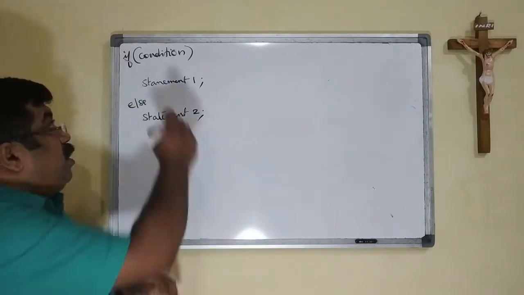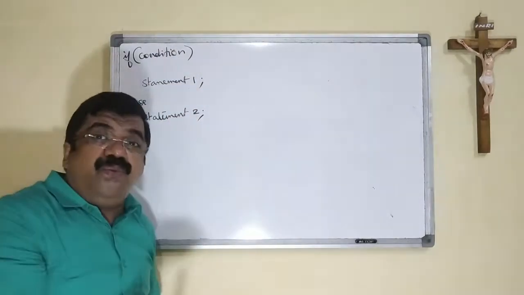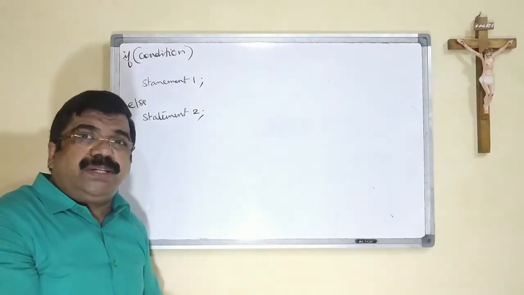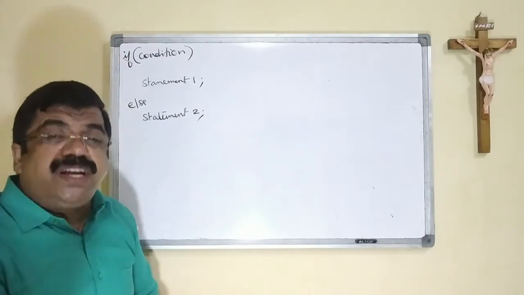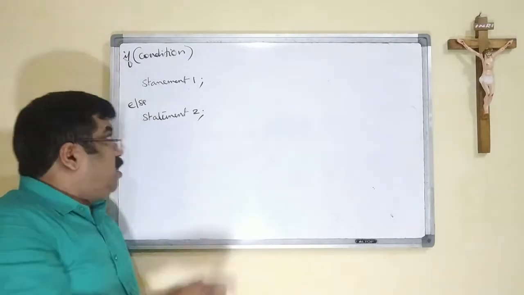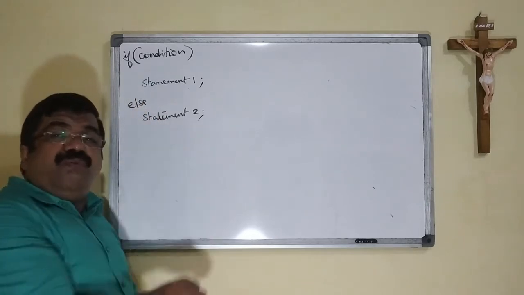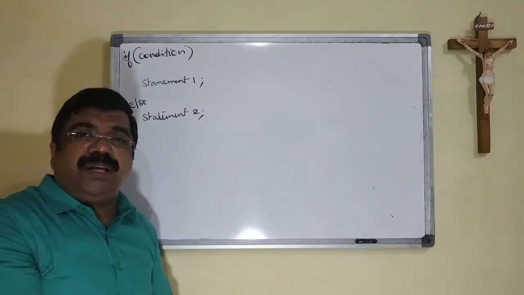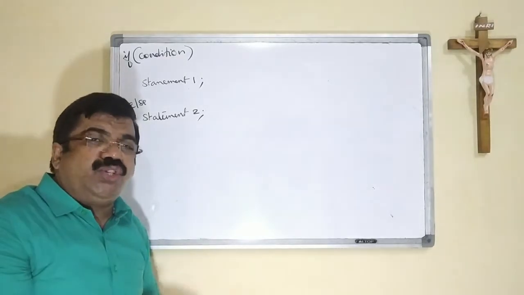That means the statements given immediately after the if will be executed. And if the given condition is false, the statements given after the else will be executed. Else means if not. I hope you understood.